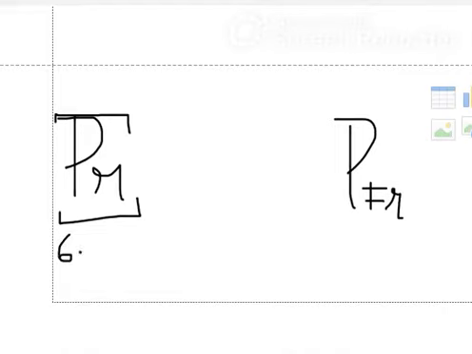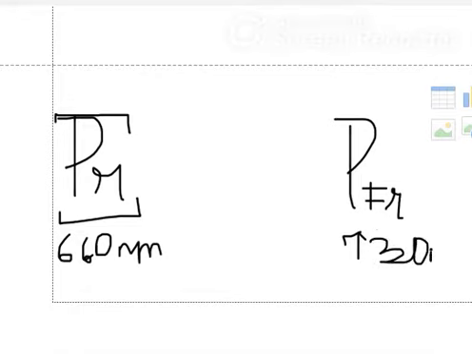from 660 nanometer. Okay, 660 nanometer. Whereas the PFR form is the form of phytochrome which absorbs the far red light, which is from 730 nanometer of wavelength.